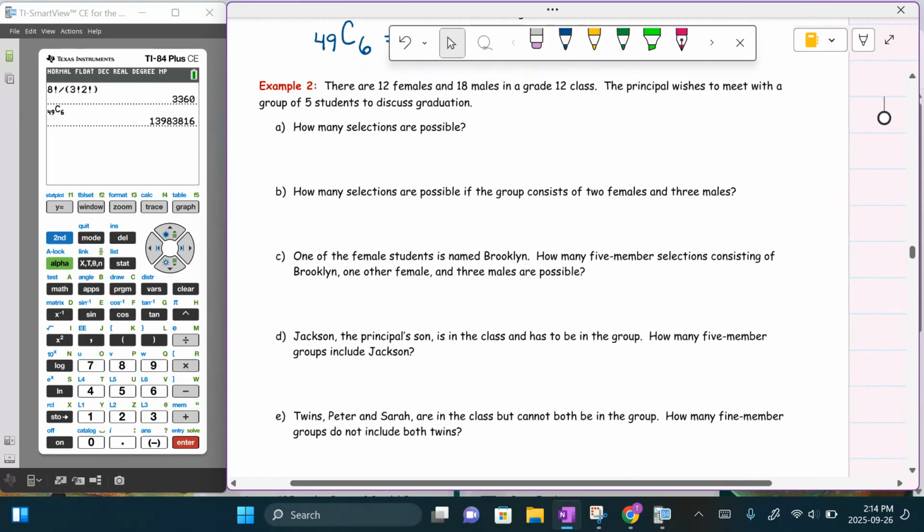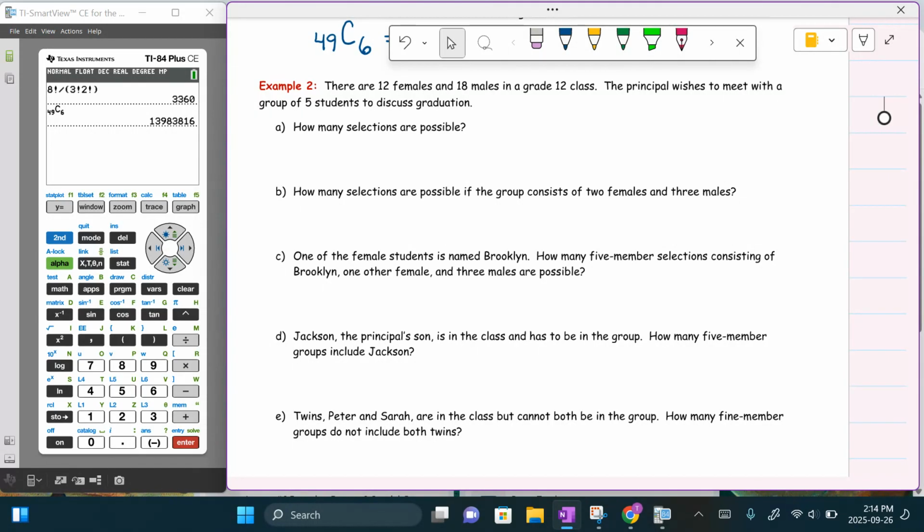All right, so next scenario: there are 12 females and 18 males in a grade 12 class. The principal wishes to meet with a group of 5 students to discuss graduation. How many selections are possible? This would be the case where there are no restrictions, okay? Does it matter female versus male in part A?